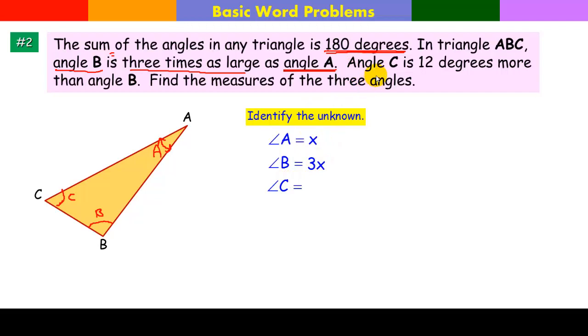Now when I come down to angle C, it says angle C is 12 degrees more than angle B. So I'm going to be adding plus 12. If angle B is 3x, and I have 12 more than that, I'm just going to do 3x plus 12. So now we've identified our unknowns of A, B, and C, and now we want to write an equation.